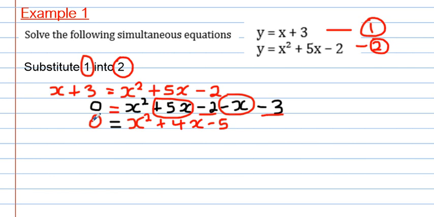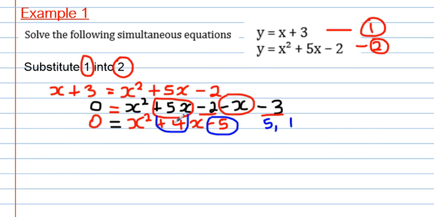Now we can factorize. We need two numbers that, when you multiply them together, give you minus 5, and those two numbers must add up to plus 4. What are the possibilities? Well, we know 5 and 1.